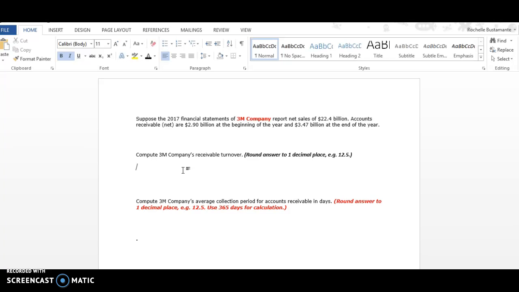The formula for this is we take the net credit sales divided by the average net accounts receivable. So first we need to determine what the average net accounts receivable is. We'll do that by adding 2.9 plus 3.47 in accounts receivable. That will give us 6.37.